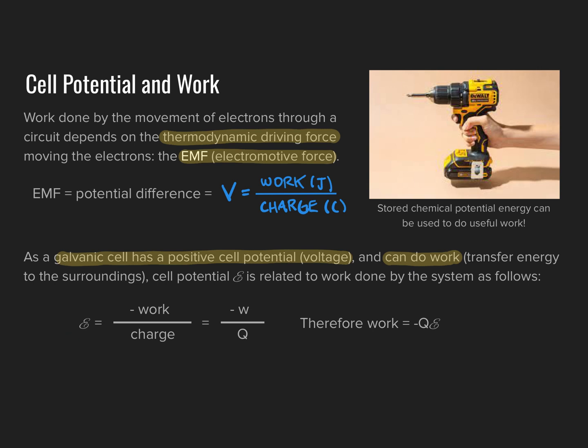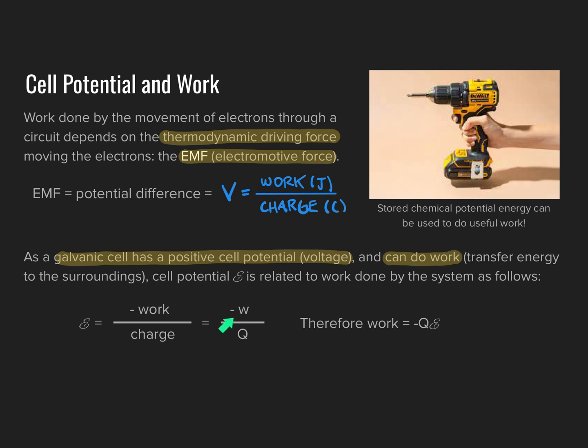And as it turns out, we define the cell potential as being minus the work done divided by the charge. And recognize again that the value here for cell potential is going to be the opposite of the work done, that is minus work, because if the system itself does work on the surroundings, the potential energy of the system must therefore decrease.